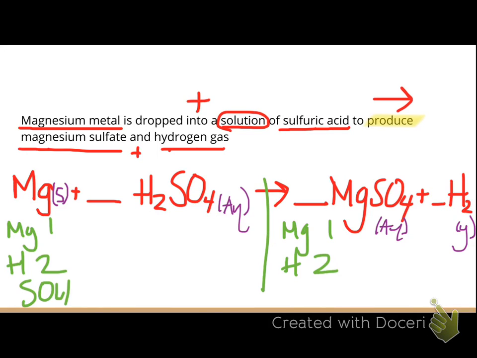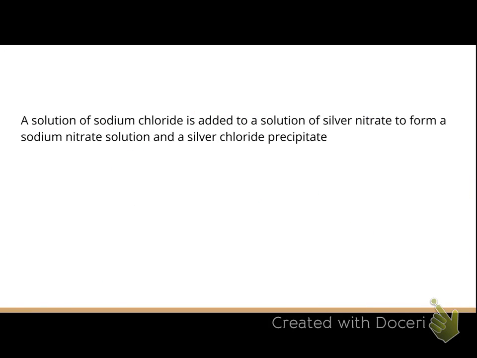Sulfate stays the same on both sides. I have 1 on this side, and I have 1 on this side. So this is already balanced. So you can just throw 1s in front of there, or you can leave them blank. So easy one to start with, don't have to do any balancing. But what you would do after you got to that is you would start changing your coefficients, not changing your subscripts.